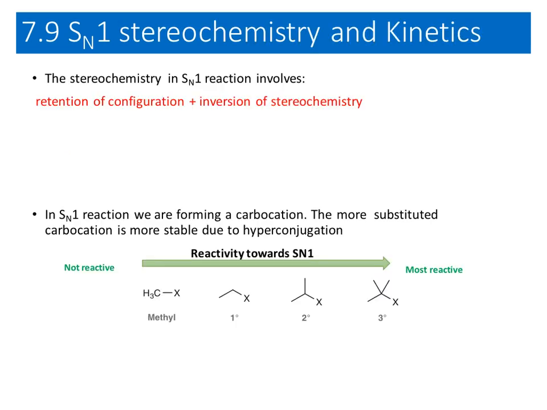As I talked before, in SN1 reaction, we are forming a racemic mixture, meaning that the stereochemistry in SN1 reaction involves retention of configuration and inversion of configuration. So what does that mean? So look at this example.